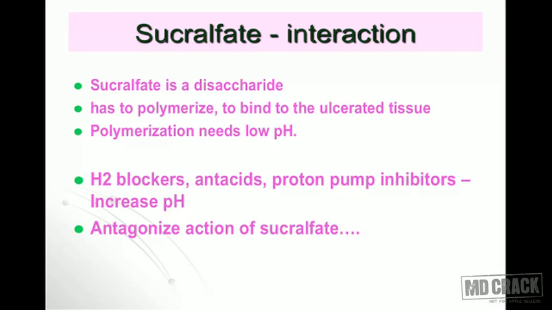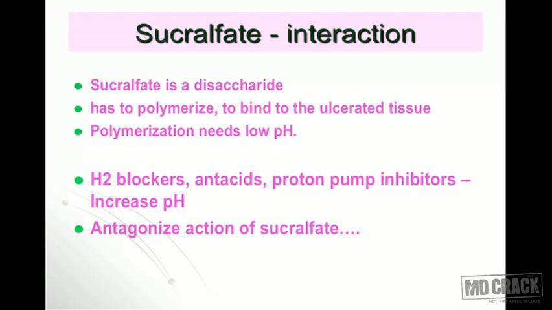Next, antacids, which will neutralize the acid. Next, the proton pump inhibitors, which are going to decrease the gastric acid secretion. So see what happens. It's very interesting. You want to keep the gastric acid secretion low, so you give those drugs which will decrease the gastric acid secretion. But what's going to happen is it's going to raise the intragastric pH.